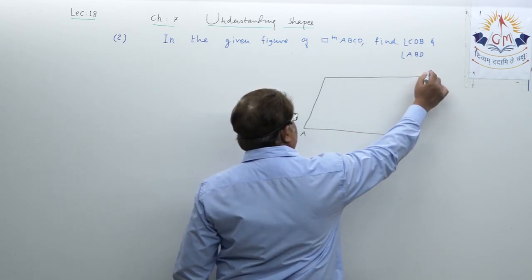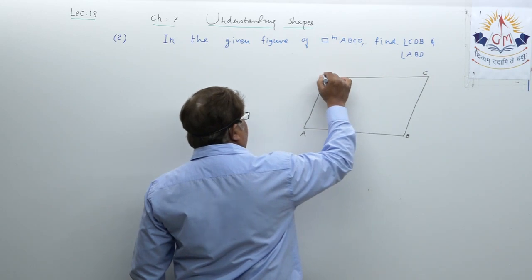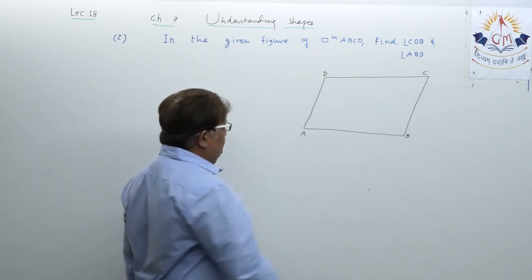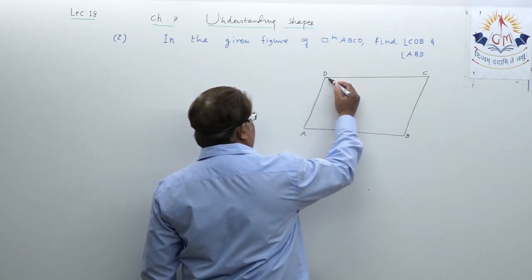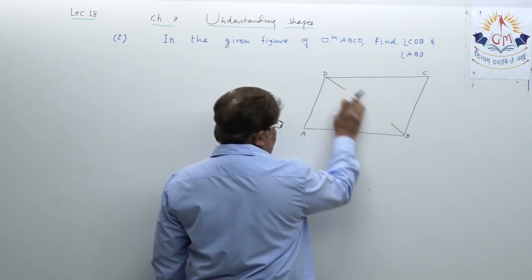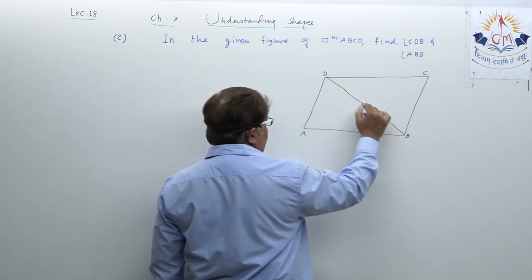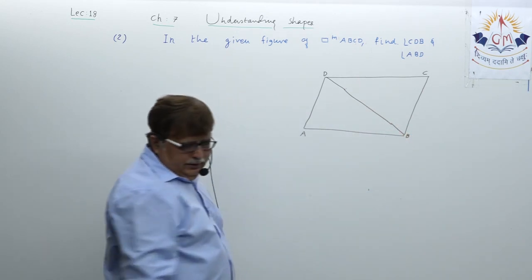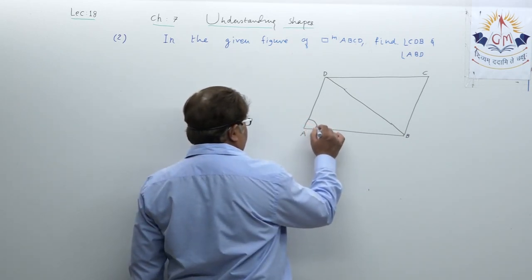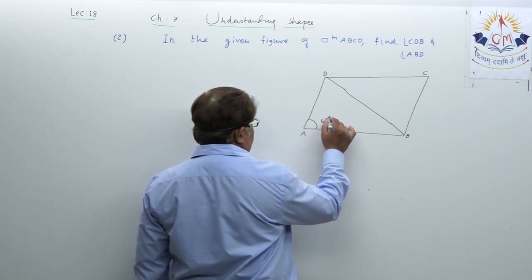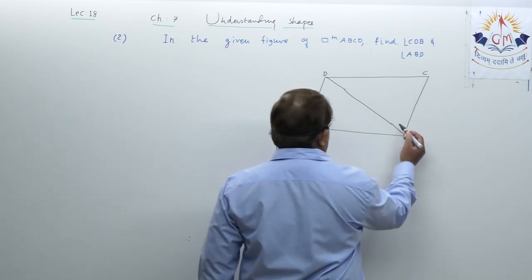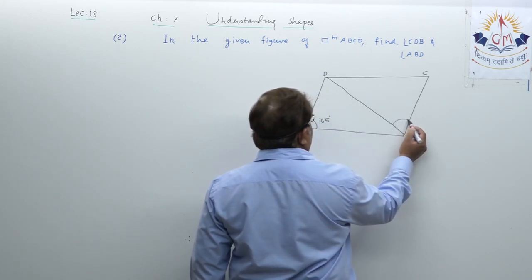This is parallelogram ABCD. One of the diagonals has been joined, that is diagonal DB. You are given in the diagram this angle 65 degrees. Okay, and one of the other angles is also mentioned here, 60 degrees.